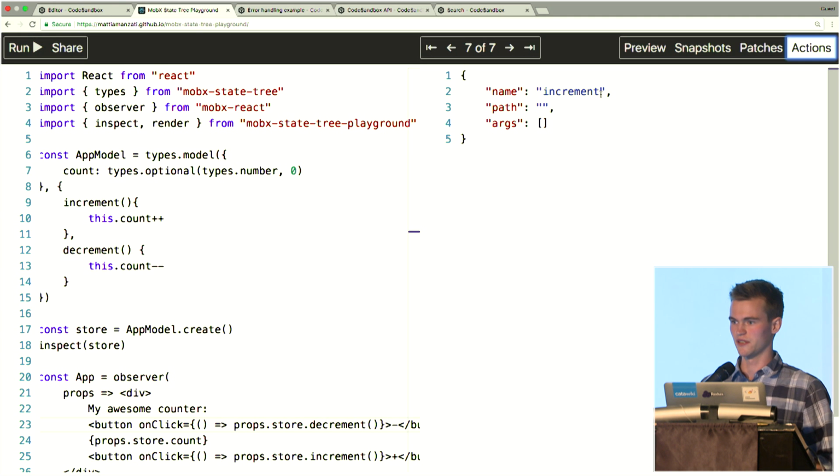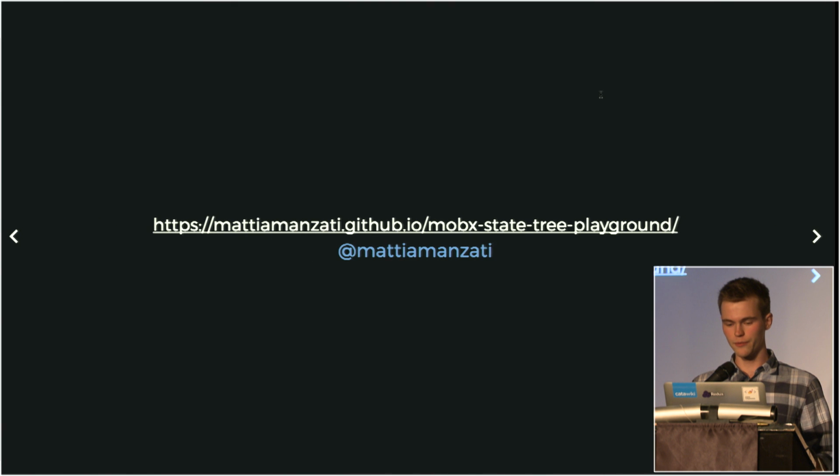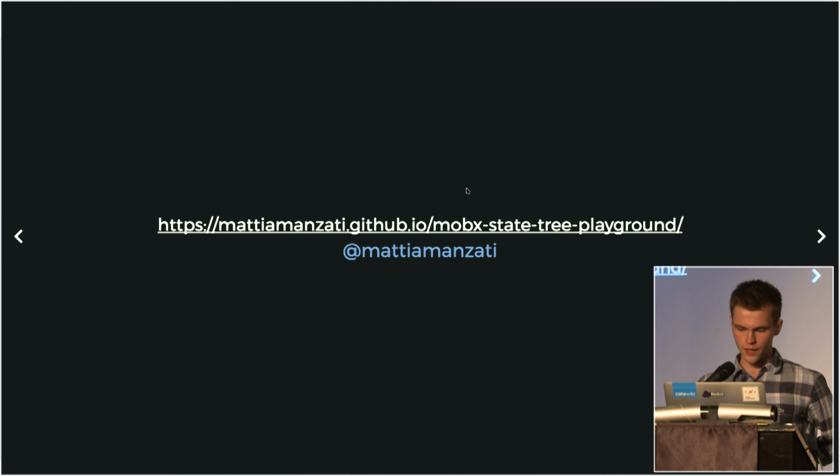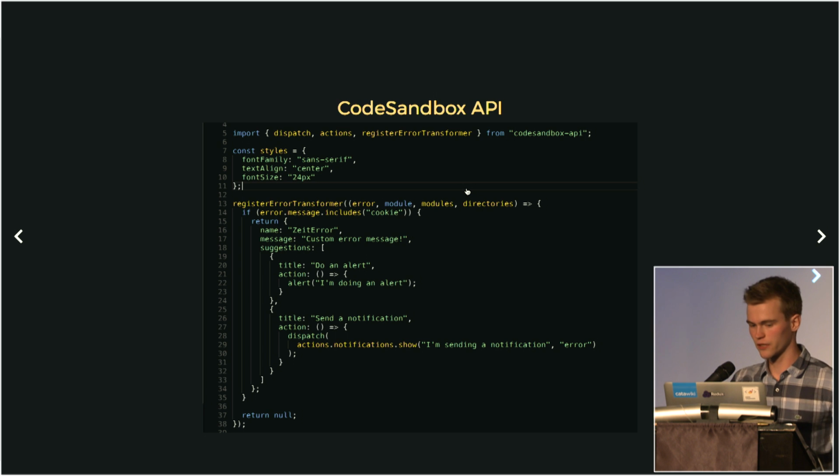That's really cool. That makes it so much easier to understand how a library is working. So I started talking with him, and I started working on something called CodeSandbox API, which allows libraries to define error transformers and custom views for development.